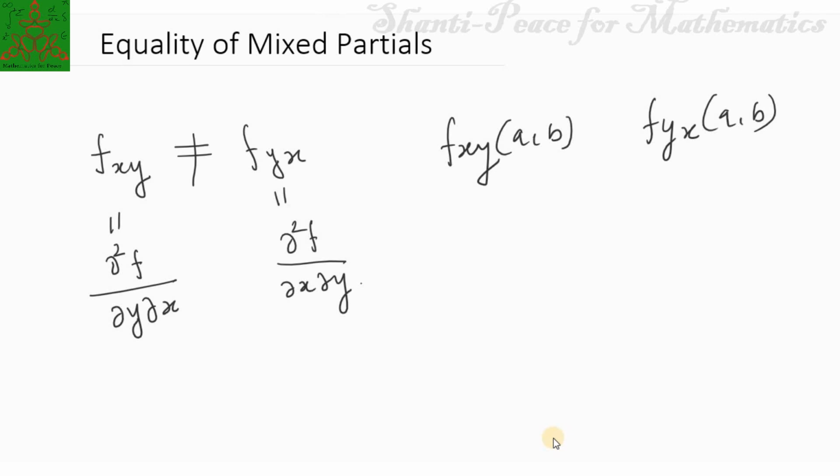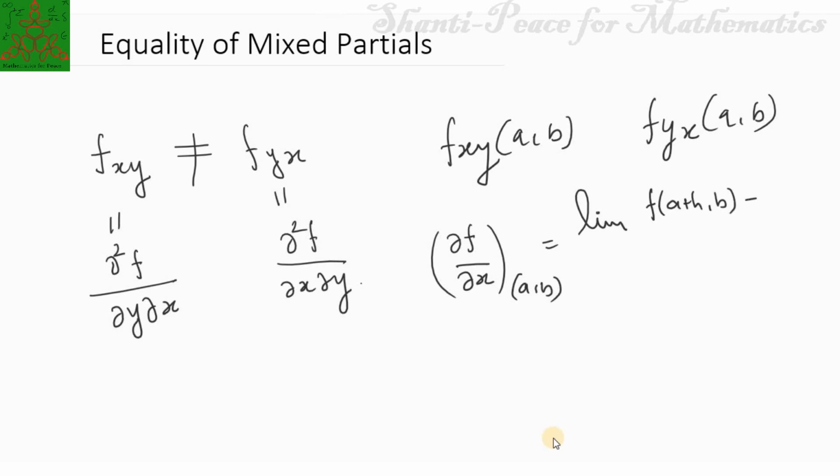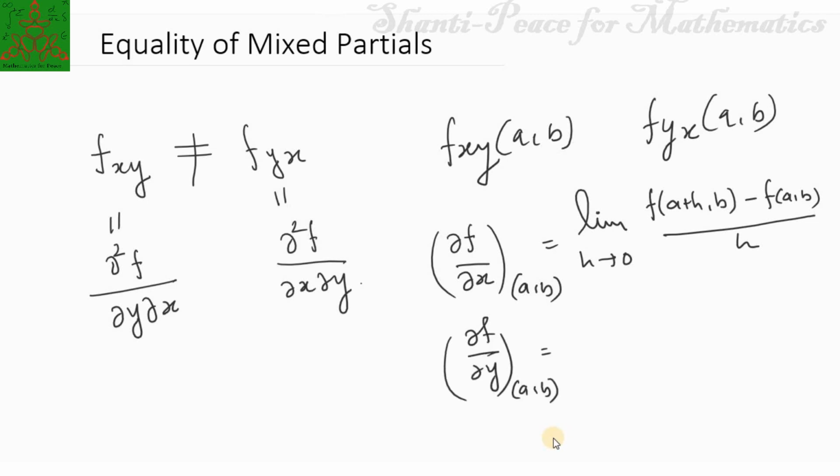Before that, I want to recall the definition of partial derivatives. Del f by del x at point (a,b) is the limit of f(a+h, b) minus f(a,b) upon h as h tends to 0, and del f upon del y at point (a,b) is the limit of f(a, b+k) minus f(a,b) upon k as k tends to 0.